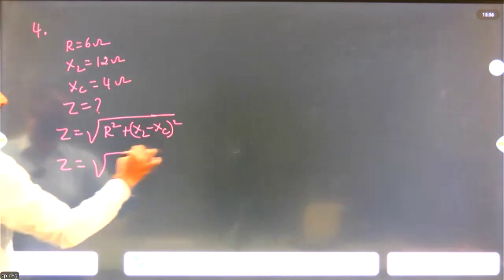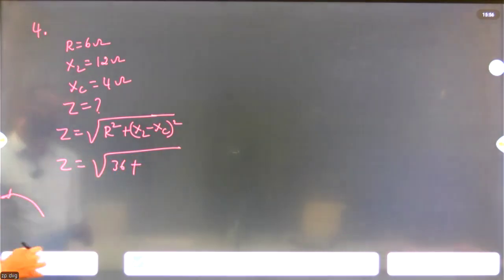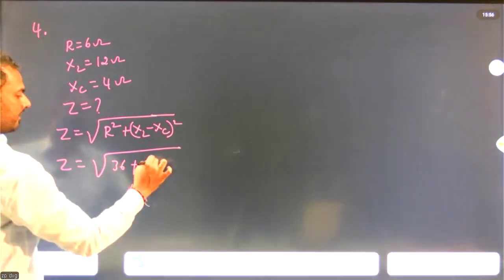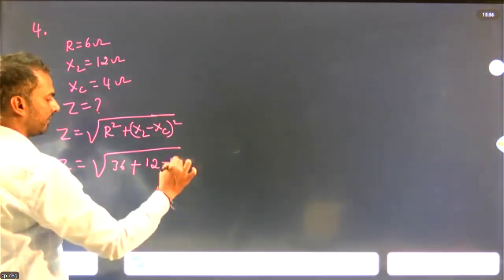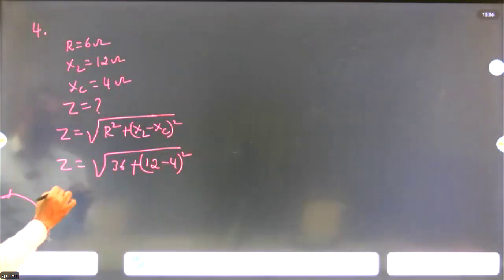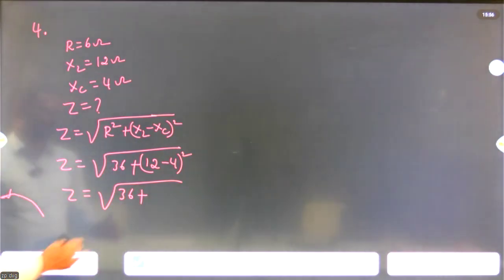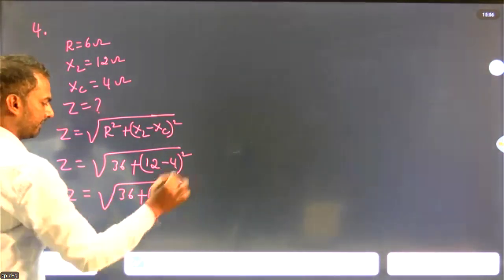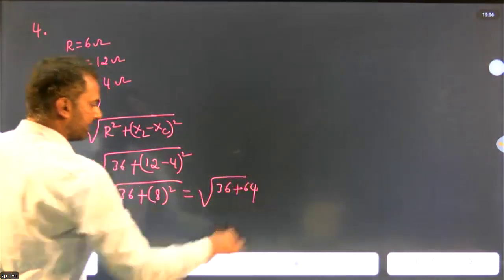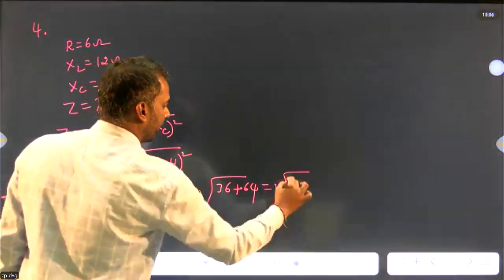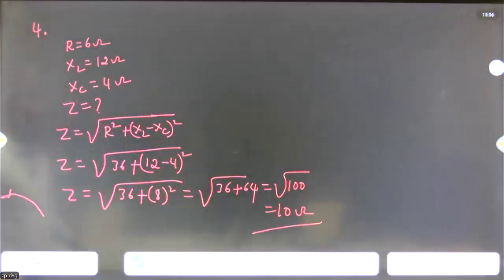Z is equal to root of 36 plus 8 whole square, root of 36 plus 64, root of 100, which is equal to 10 ohms.